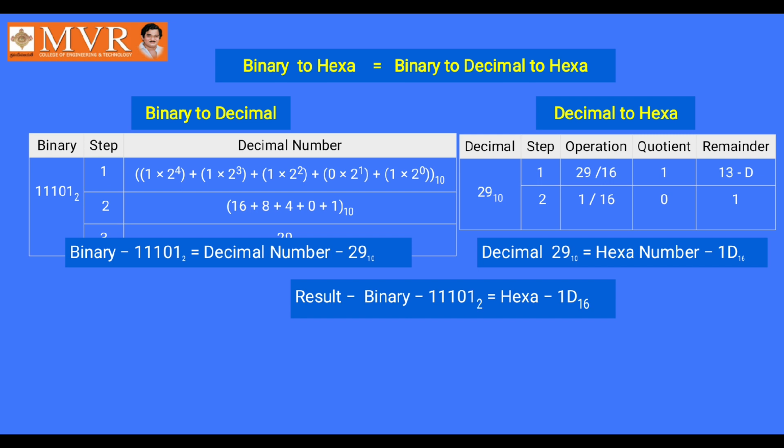So we have discussed a total of 12 examples here. Examples 1, 2, 3 are conversions from decimal to other number systems: decimal to binary, decimal to octal, decimal to hexa. The next 3 examples convert other base systems to decimal: binary to decimal, octal to decimal, hexa to decimal.